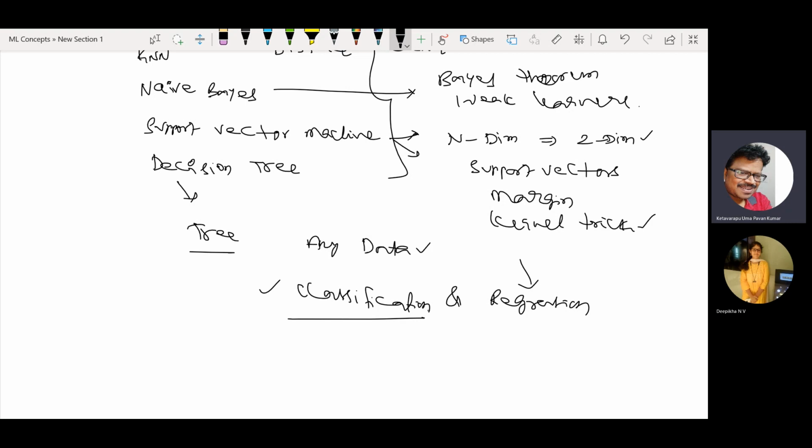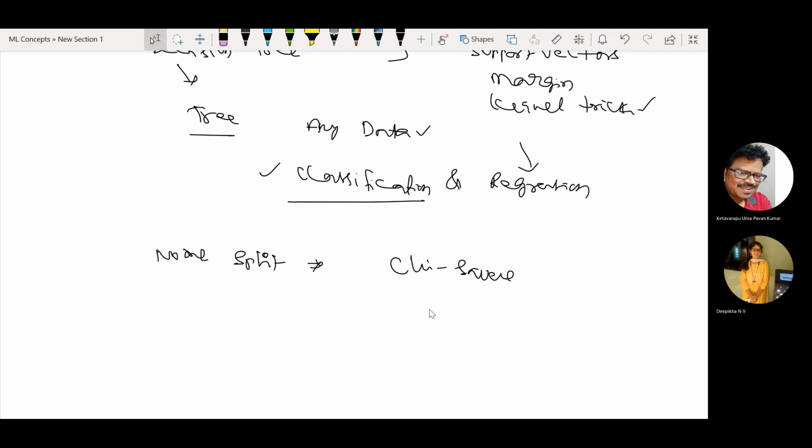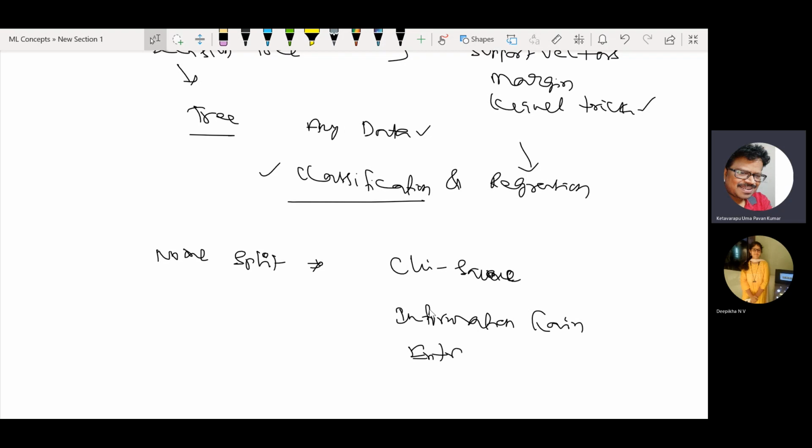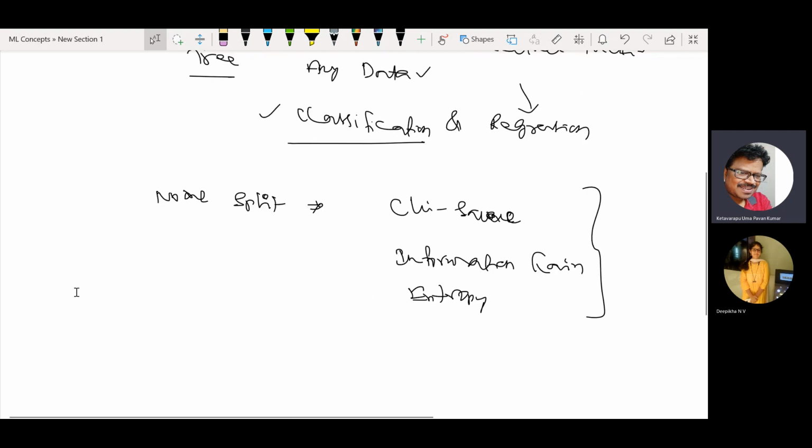We'll visit them. Now, in the decision tree, if you remember, there is a node split. The main important aspect is node split, where we have seen chi-square, as well as information gain, and entropy computation. These things we have observed. So based on those measures, the algorithm decides which node to split.